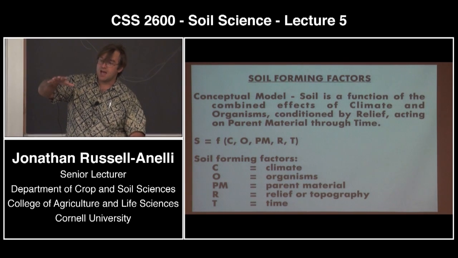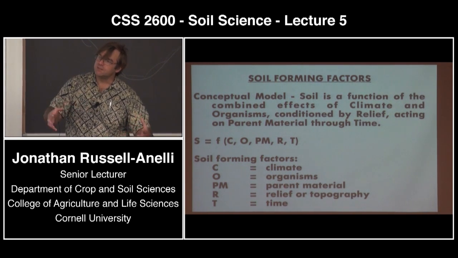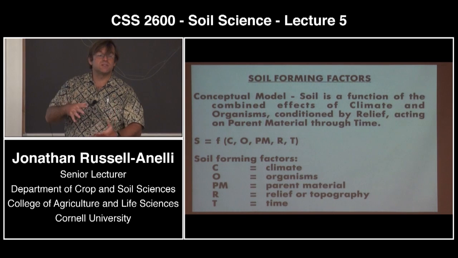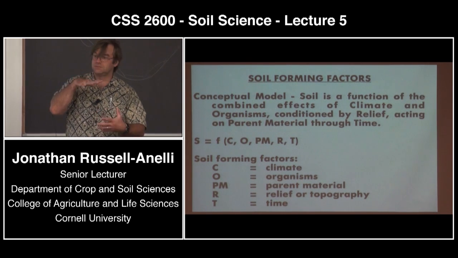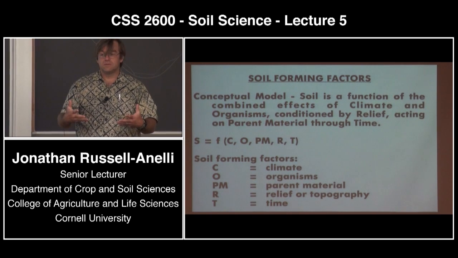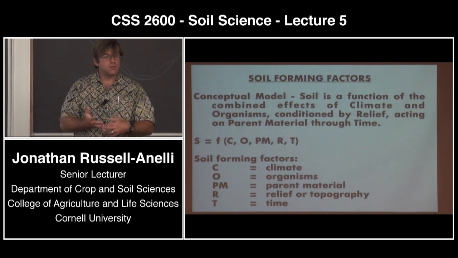So we basically had, first, a selective loss of silt in this material that was there, and then we had a selective addition of silt on the top. Does that make sense? Then what happened? Well, we had climate on top of that, temperature and moisture.